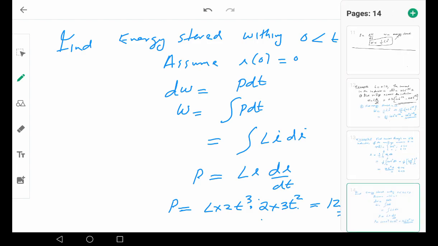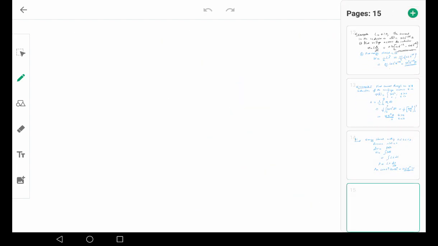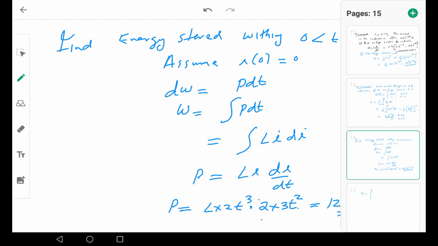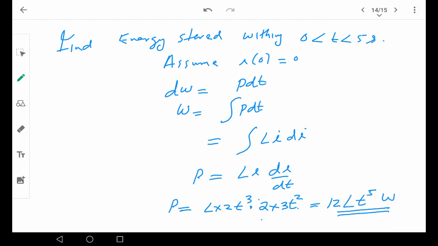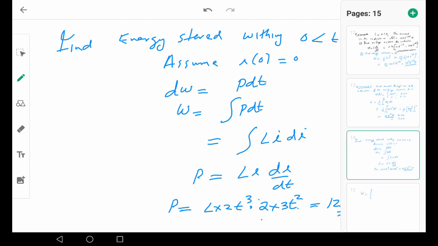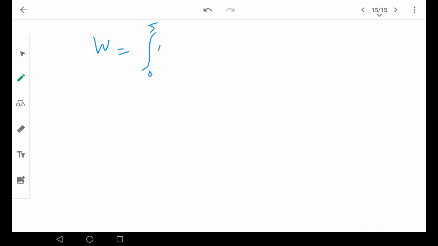Now if you integrate the power, you get the energy: integral 0 to 5 of 12L t raised to 5 dt.